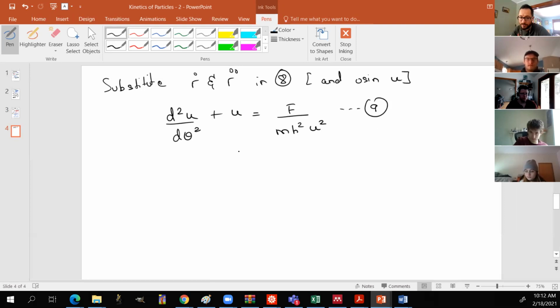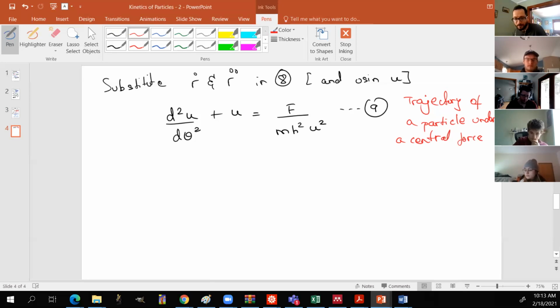Right, and this expression over here is the trajectory of a particle under a central force. So this describes the orbits that you see when satellites come in and do slingshot maneuvers.